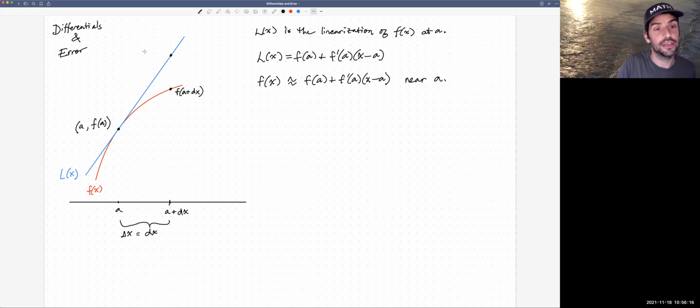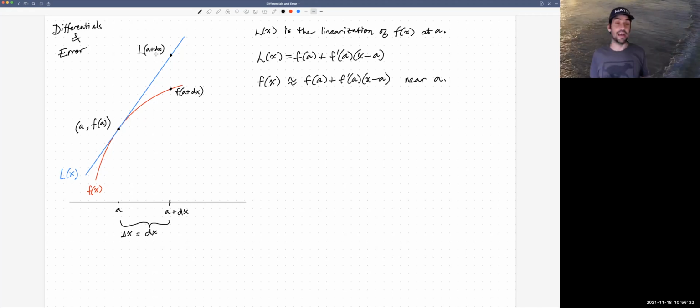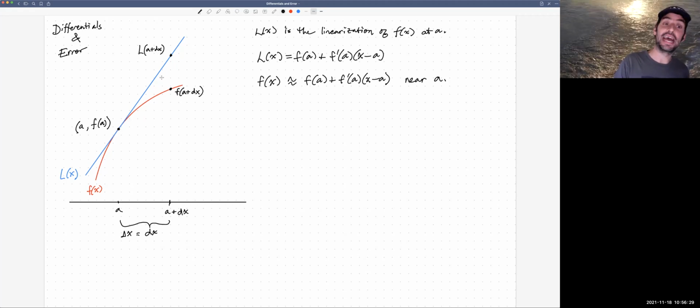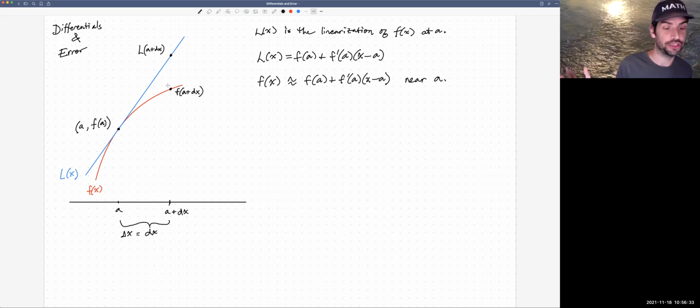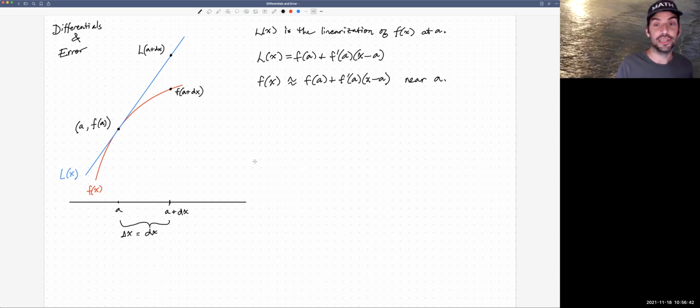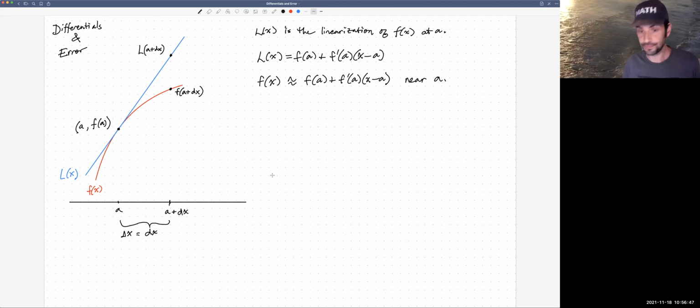And over here, this is the value L of a plus dx. Now I've exaggerated my picture for the sake of illustration here. There's a pretty big gap between these. We really would be doing this at this place where they're very close to each other. I'm stretching everything out, but really imagine these very, very small units away from this place where the tangent line hits the actual function.